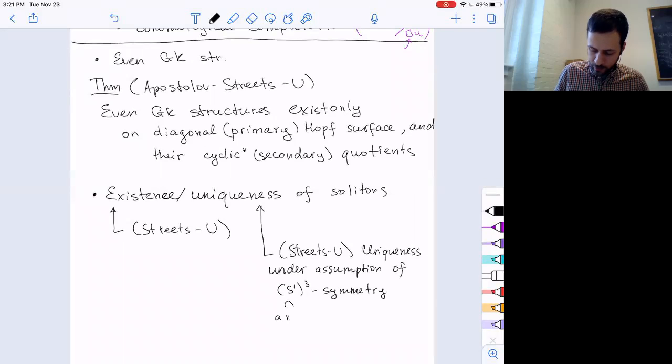This is a maximal torus in the automorphism group of I. So if you assume that your metric is invariant under this maximal torus, then you can prove uniqueness.